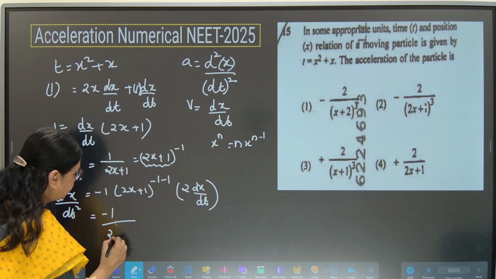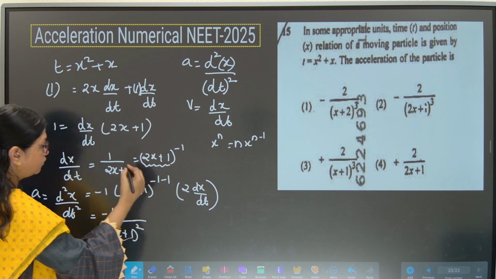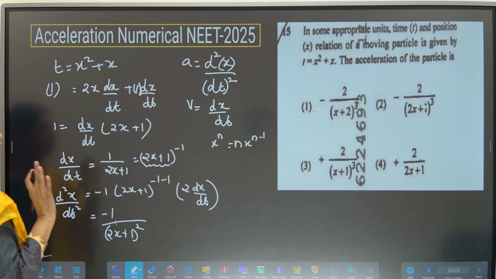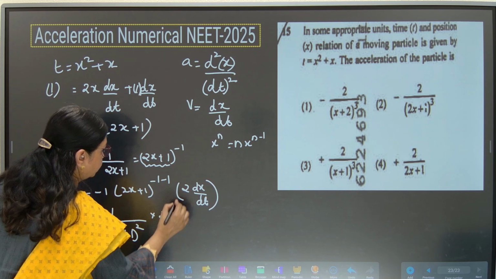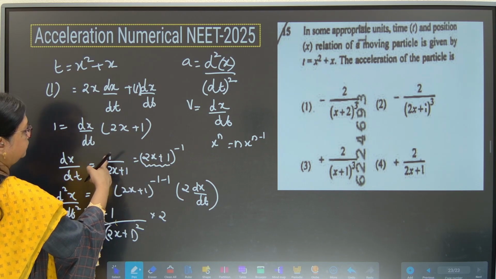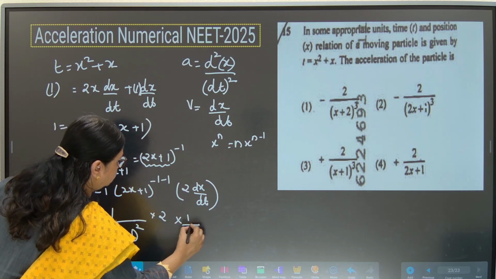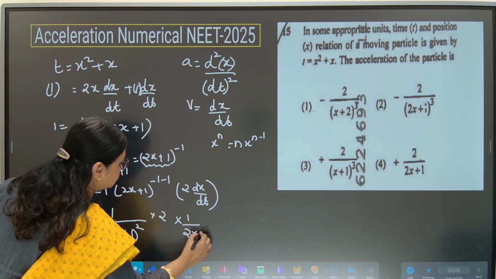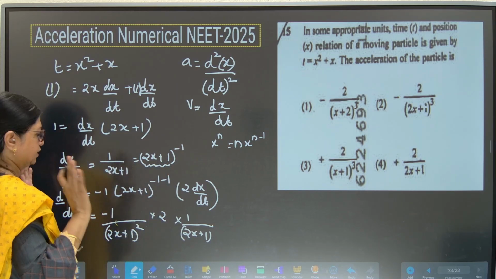As a denominator, 2x plus 1 whole raised to 2, negative 2 up, positive 2 down, multiplied by 2. What is dx by dt from the equation? 1 upon 2x plus 1. I can write 2x plus 1 whole raised to minus 1 also.